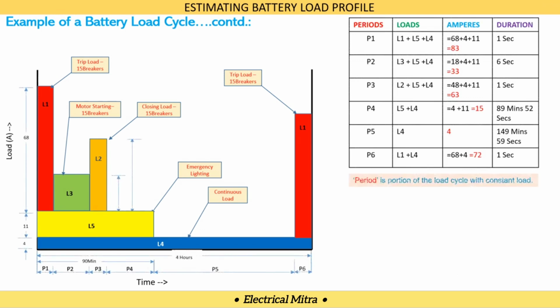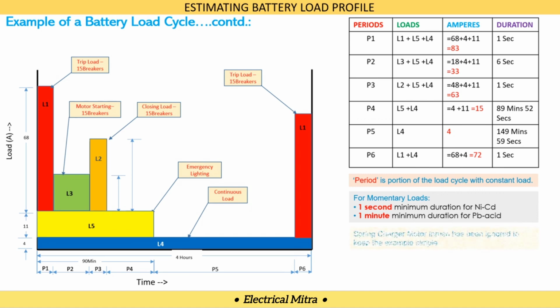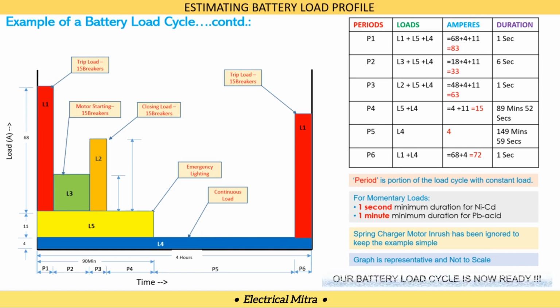For momentary loads, 1 second shall be the minimum duration for nickel cadmium batteries, while for the lead acid batteries, duration of momentary load is kept as 1 minute. Spring charging motor inrush has been ignored to keep the example simple. With this, now our battery load cycle is complete and ready for use.